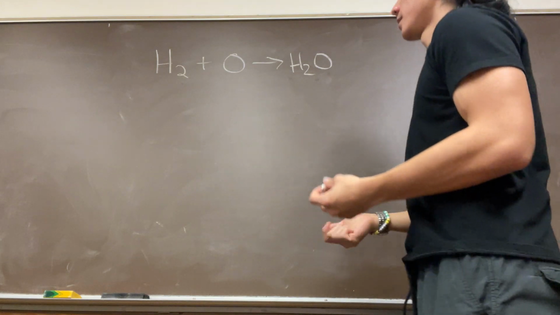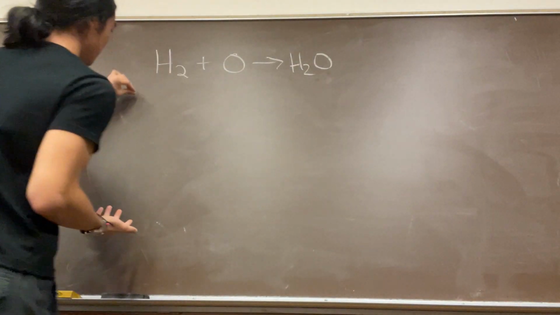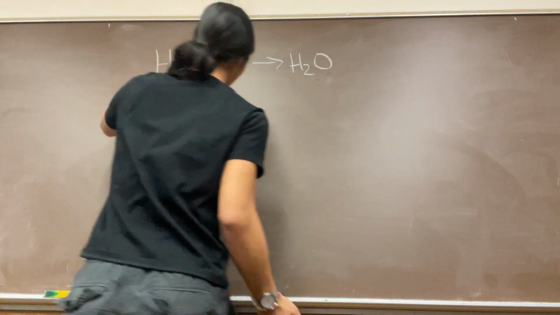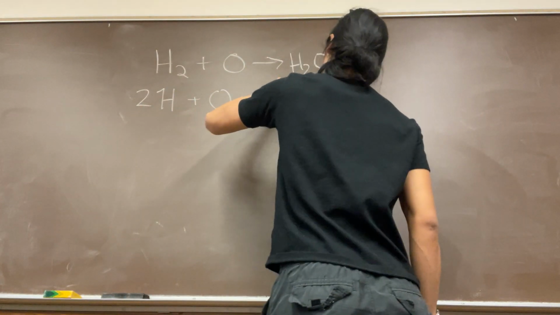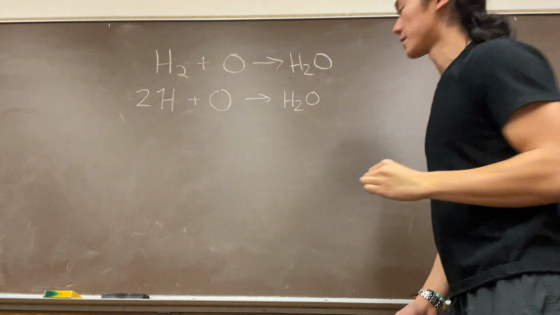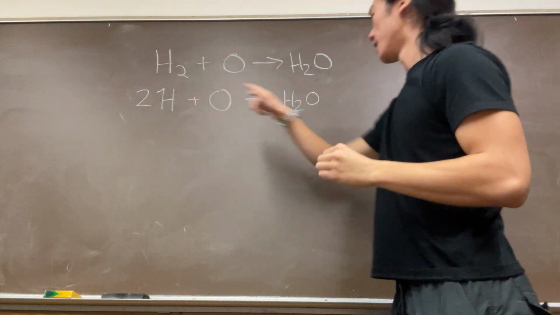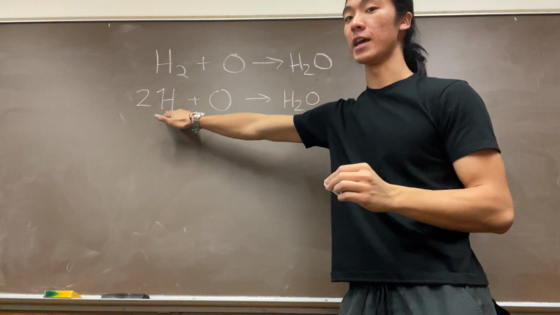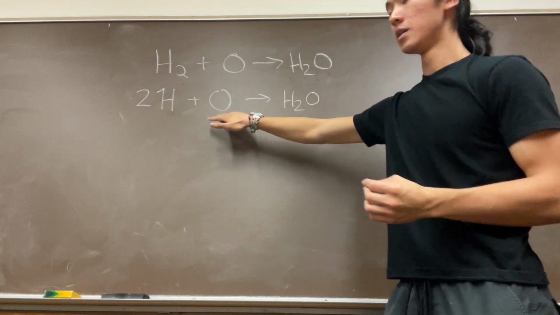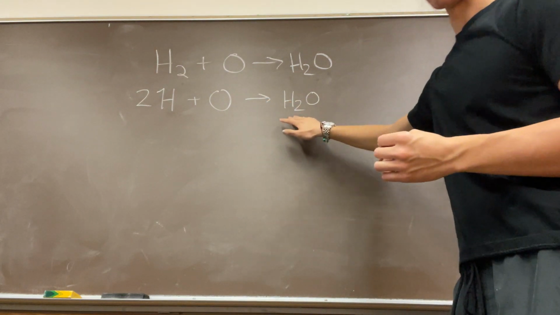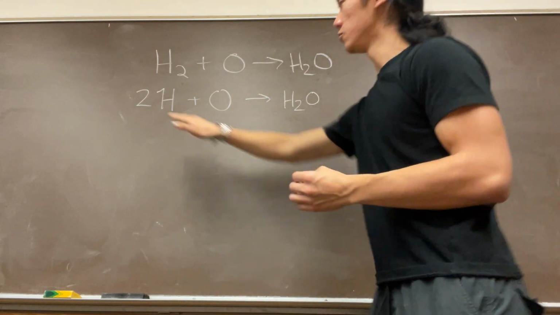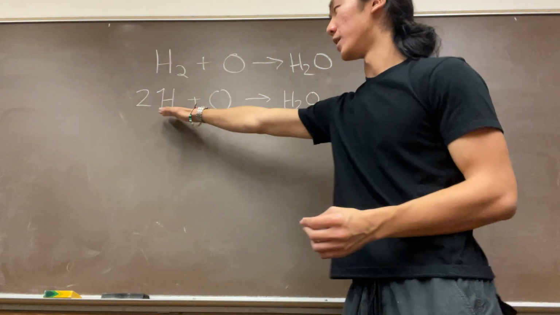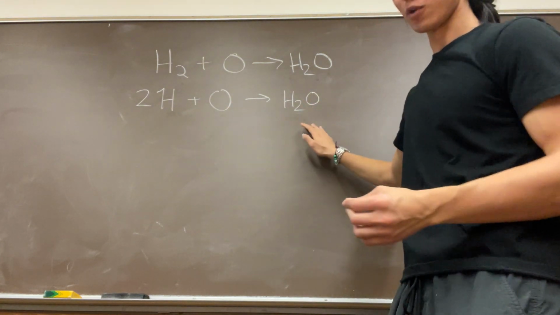Or you can alternatively think of this: 2 H's plus 1 O also forms H2O, because you've got 2 H's here and then 1 O. So 2 moles of singular hydrogen plus 1 mole of oxygen yields 1 mole of H2O water. Got it? So 2 moles of this, 1 mole of this, 1 mole of that. 2 bananas, 1 milk, 1 milkshake.